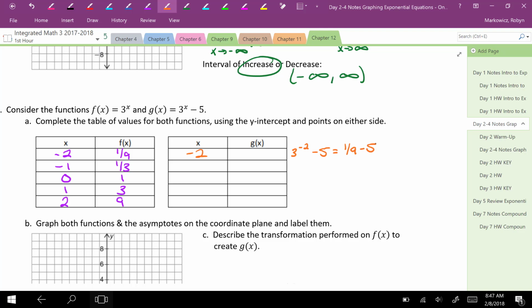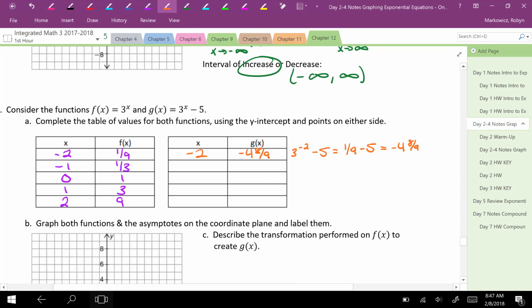It's going to be 4 and something, right? 4 and 8/9. But since the 5 is negative, it's going to be -4 and 8/9. Those types of ones I'm not going to expect you to do in your head. That's why I gave it to you. I kind of explained my thinking. So we know this is -4 and 8/9.